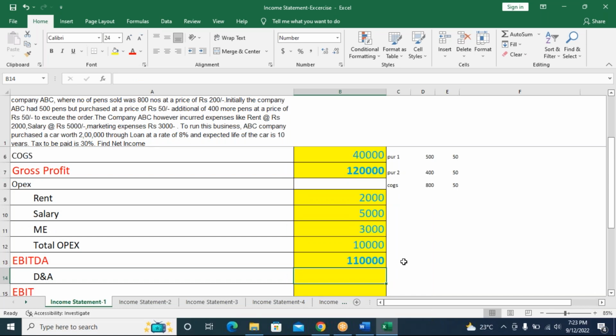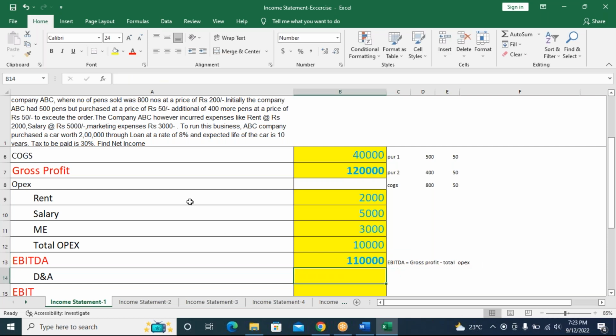Okay. So here I'll put it: EBITDA is equal to gross profit minus total OPEX. OPEX is nothing but total operating expenses.